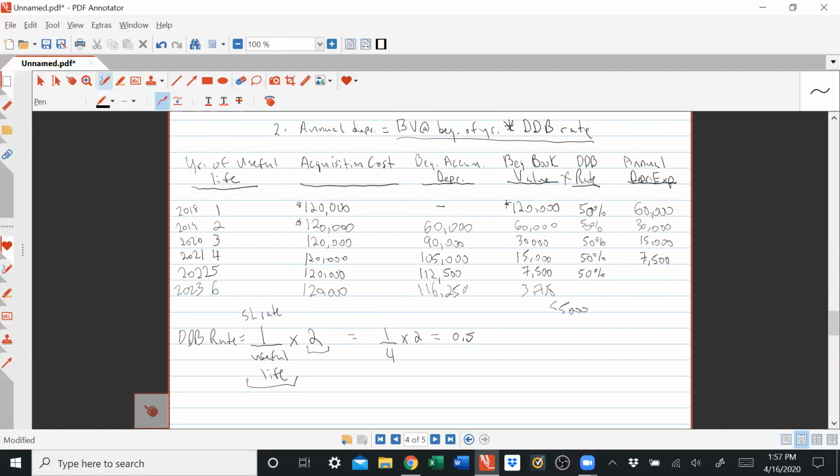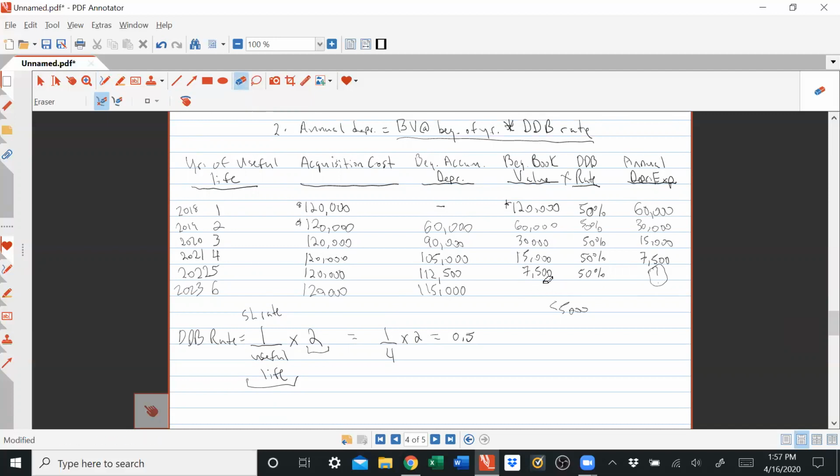We have to recognize an amount, we'll call it question mark, such that when we add that amount to our balance in accumulated depreciation, we get a number that equals 115,000. Why?